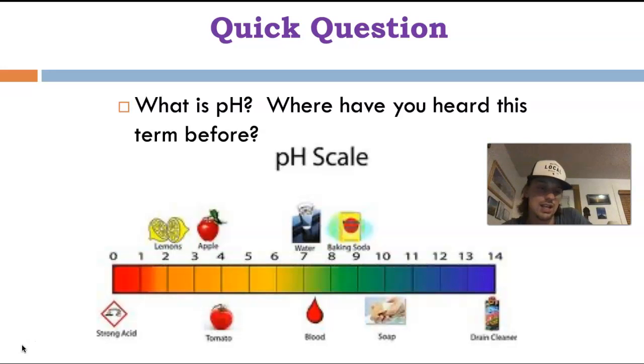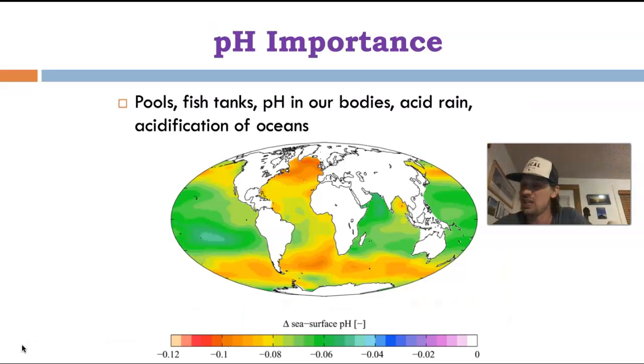To introduce this concept, the pH scale is a scale that goes from 0 to 14 describing how acidic or basic something is. And it's very important because the pH has a relationship with how healthy that environment can be. For instance, if we're dealing with a fish tank, an ocean or a body of water, or rain, this pH level helps us understand how healthy that environment is.